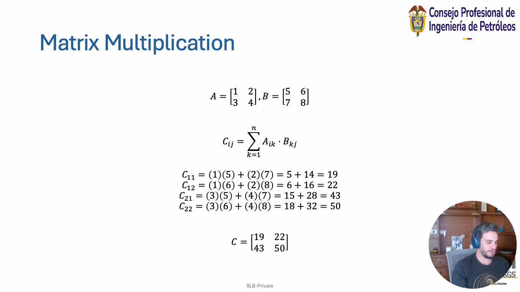In this simple example, matrix A is 1, 2, 3, 4 and B is 5, 6, 7, 8. That means we expect our matrix C to come out 2 by 2 as well. The shape is defined by whatever is being multiplied, right? So we can go through this example.